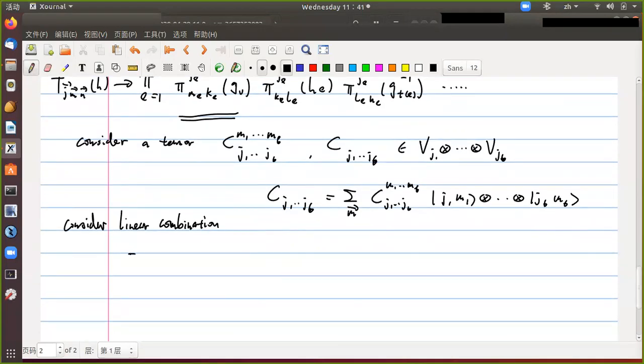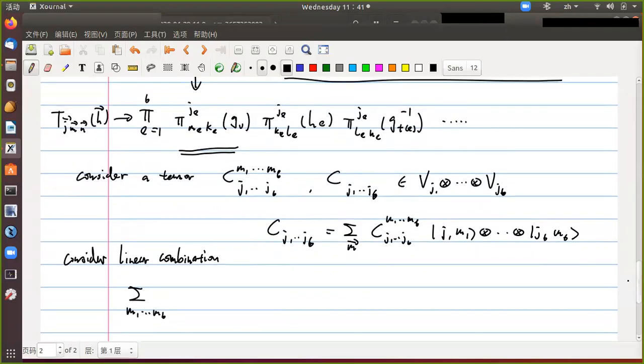Let's take a sum over m1 to m6, where this m1 to m6 is going to be summed with the m_e. We take C with j1 to j6 and m1 to m6, and then multiply by the product over e from 1 to 6 of the basis factors with indices j_e, m_e, h_e, and other factors.